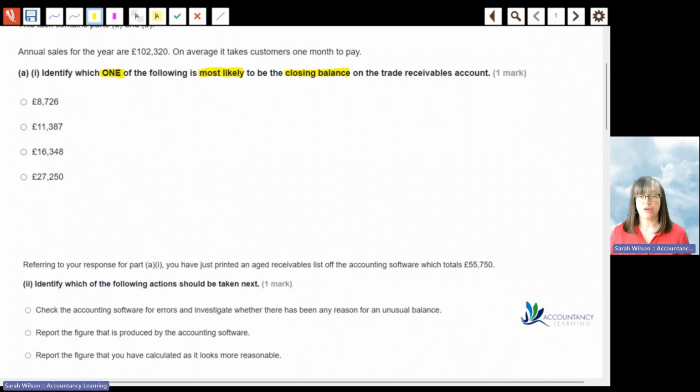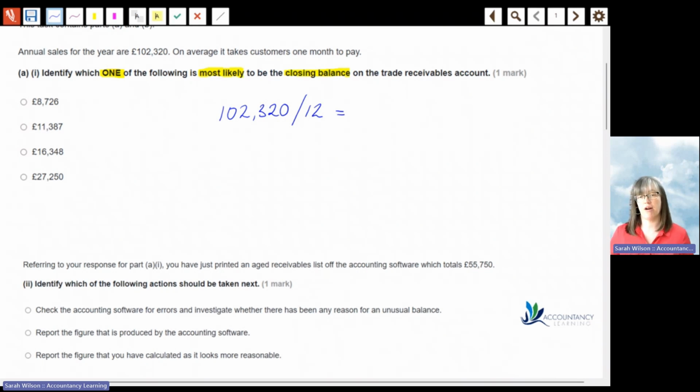So because the customers on average take 1 month to pay, we would expect out of a whole year's sales for there to be 1 month of those sales left to pay in the start of the following year. So we can now work out what on average the monthly payment is by dividing our annual sales by 12.